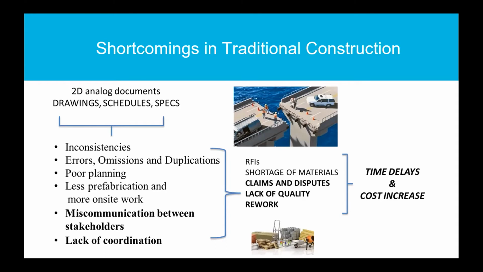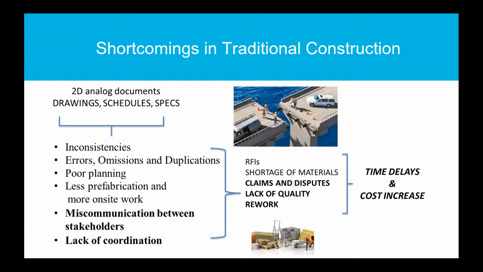Analog drawings, schedules, and specs are all created in a paper-based system. Due to this, and because there are too many dynamic environments on the construction site and too many first-time collaborations between different companies, there are inconsistencies between the drawings or documents, errors, omissions, and duplications, and unfortunately, poor planning because of these errors and omissions.